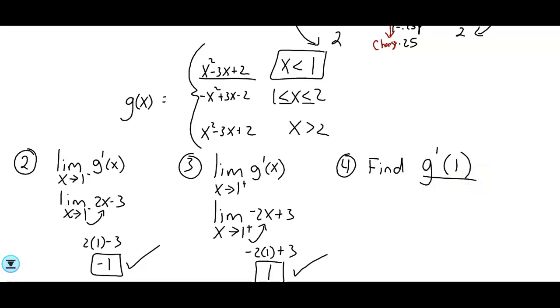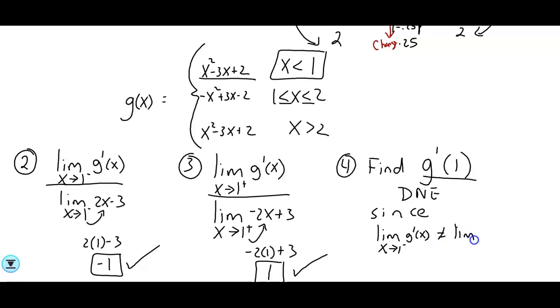Well, the problem is, since the slope from the left and the right aren't the same, the slope doesn't exist there. So we're going to say it does not exist since the limit as x approaches 1 from the left of the derivative is not the same thing as x approaches 1 from the right of the derivative. Okay? So there is no slope at that point.